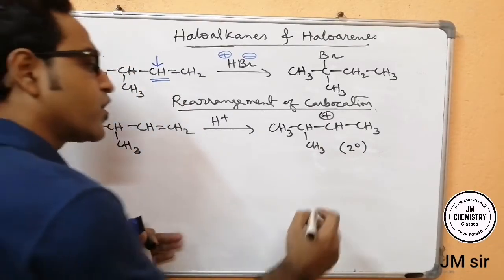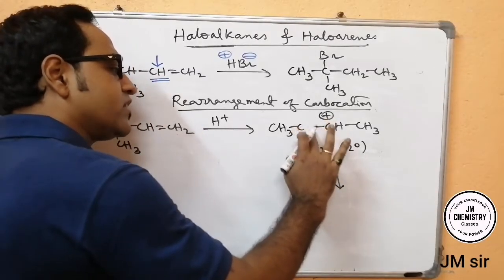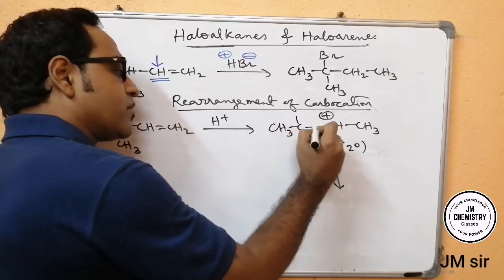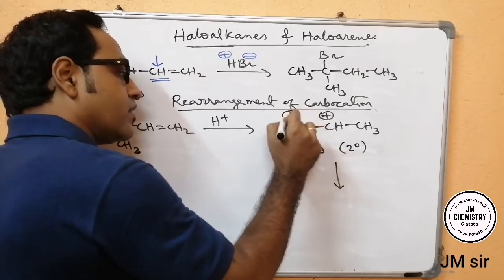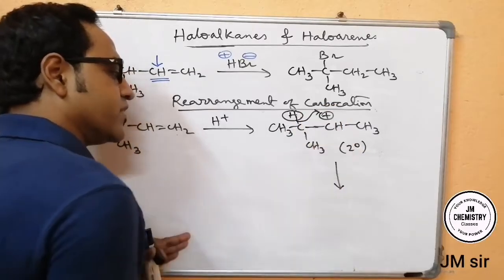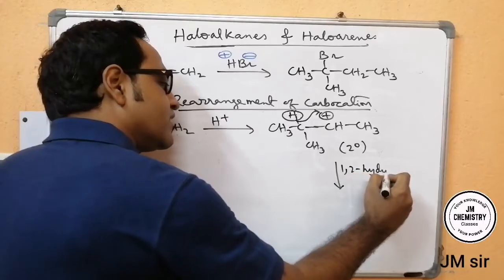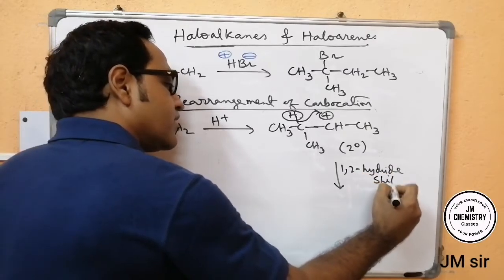Now this 2 degree carbocation can undergo rearrangement. How? The hydrogen on this carbon atom can move to this carbon. So we call it 1,2 hydride shift.